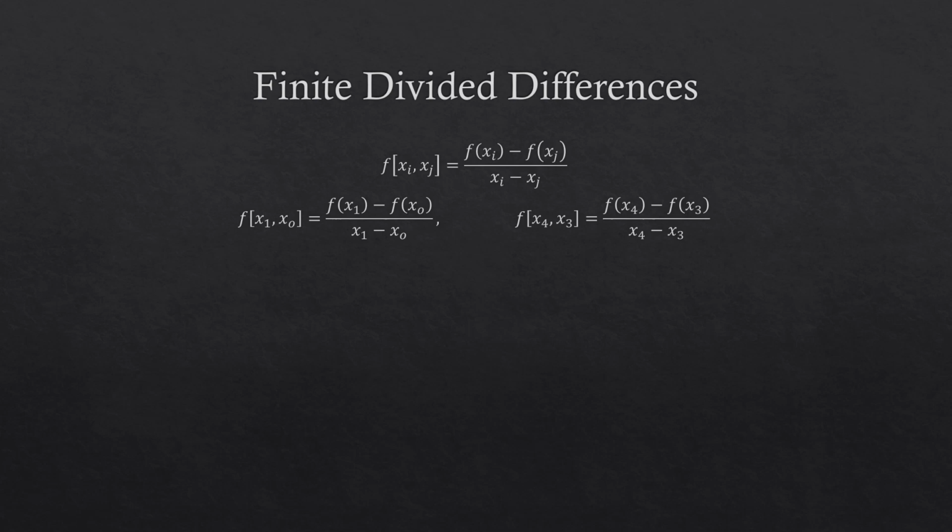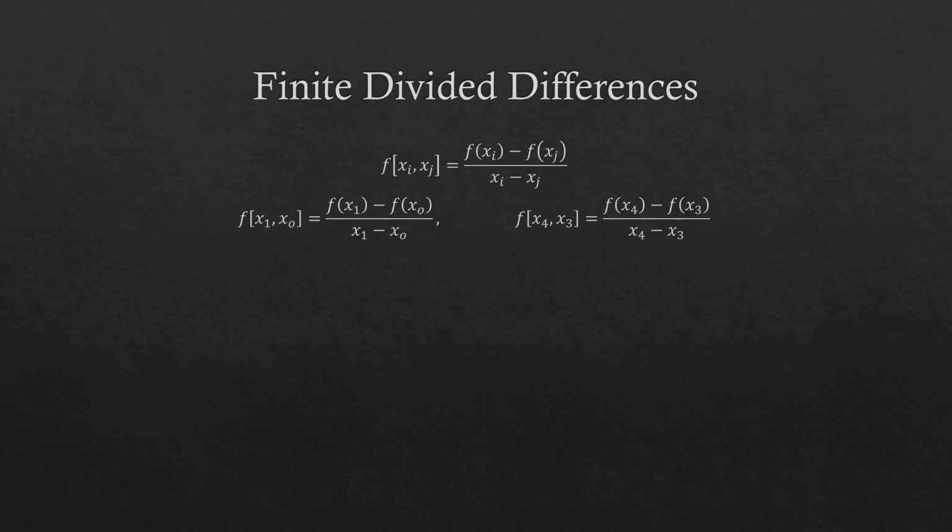Say for example, the first divided difference f of x sub 1, x sub 0 is equal to f of x1 minus f of x0 divided by x sub 1 minus x sub 0. Another example is f of x sub 4 and x sub 3, which is equivalent to f of x sub 4 minus f of x sub 3 all over x sub 4 minus x sub 3.